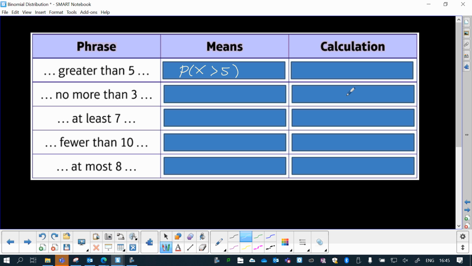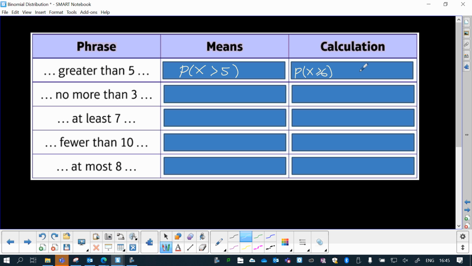If it's greater than 5, what are you actually going to turn that into? Okay, so for those using the CG50, we're doing the probability that x is greater than or equal to 6. We need the "or equal to", or your calculator will return the wrong answer.